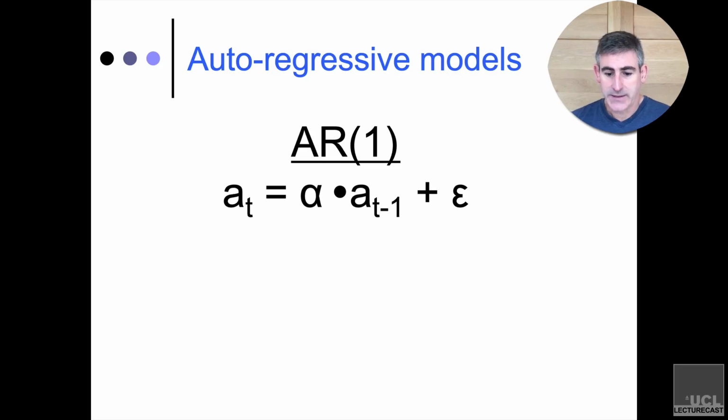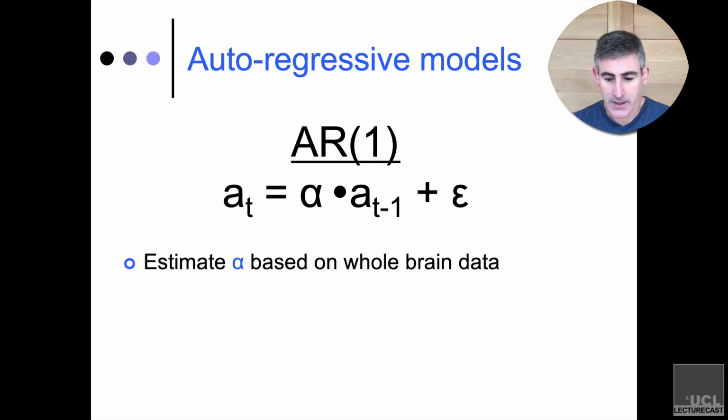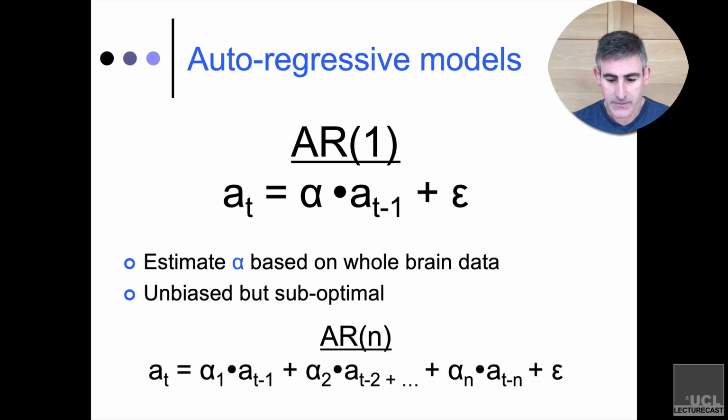It's worth mentioning that this is what's known as an autoregressive 1 model because I've only gone one step back in time. You can do more complicated things, like you could go back n steps in time, and that's called an autoregressive n model. So an AR2 model would be if you go back one step and a second step in time.